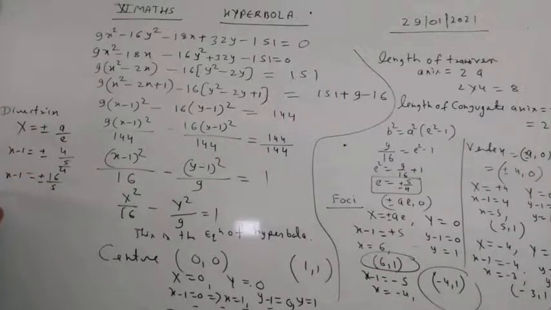Taking the positive sign, x is 16 by 5 plus 1, so it will be 5 plus 16, 21 by 5.